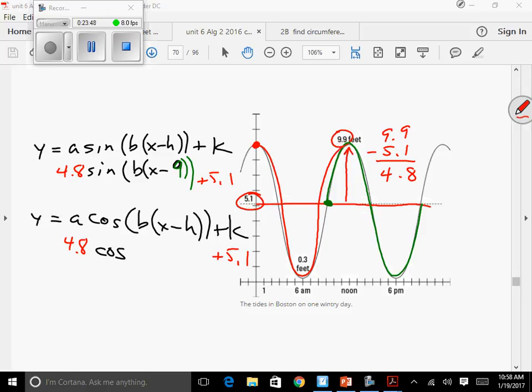So for the first one, the K and H. Take a look at those two answers.